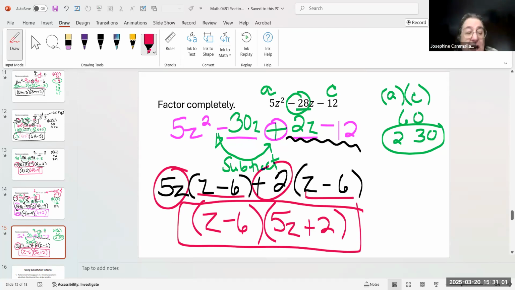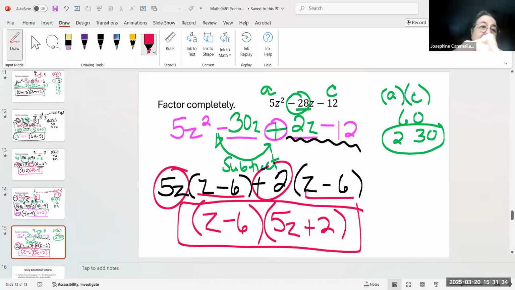Now, I've done a lot of combinations for you. The key is you got to get the sign and the circle correct, because that is how you determine, for the two numbers that multiply to make A times C, 60, or any number, am I adding them or am I subtracting them? That's the key.